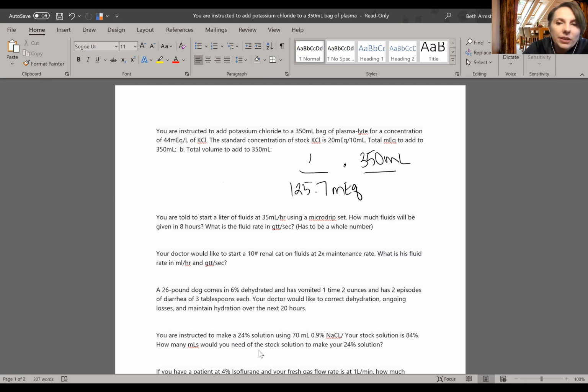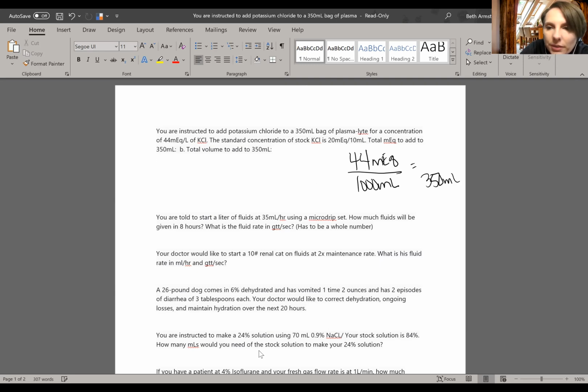And I say we can't do it that way because 350 mLs is a lot less than 1,000 mLs, and we end up getting something very much greater than 44 milliequivalents. So there's two ways you can do it. You can either do 44 milliequivalents over 1,000 mLs equals 350 mLs over X and figure it out by cross multiplying.